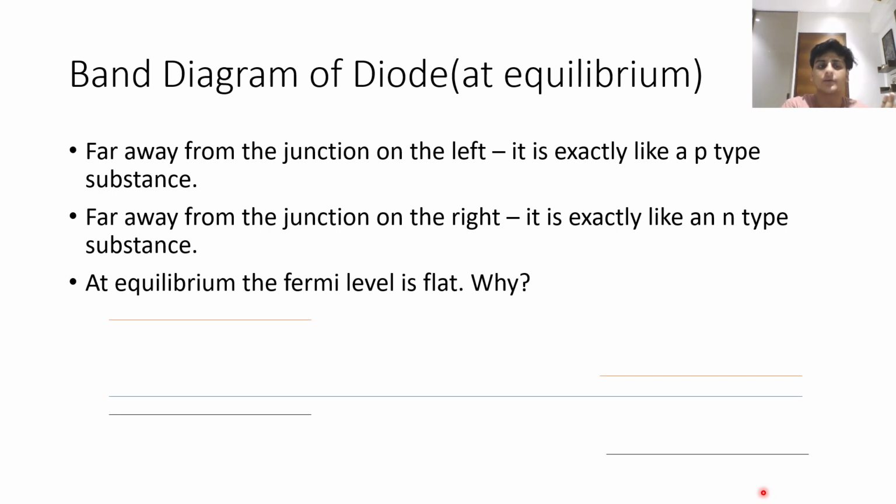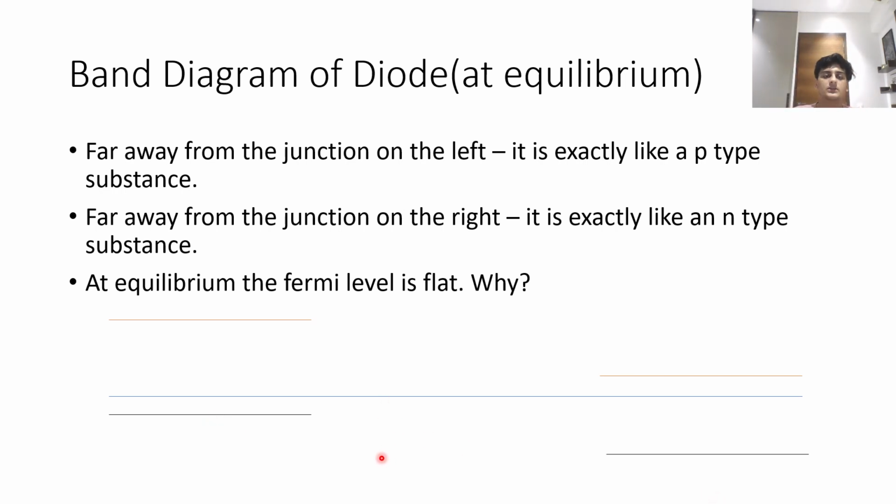You can go back to where we actually discussed band diagrams to confirm that this is the band diagram of the p-type and this is the band diagram of the n-type. Of course, orange here is the conduction band, black is the valence band, and the blue is the Fermi level.